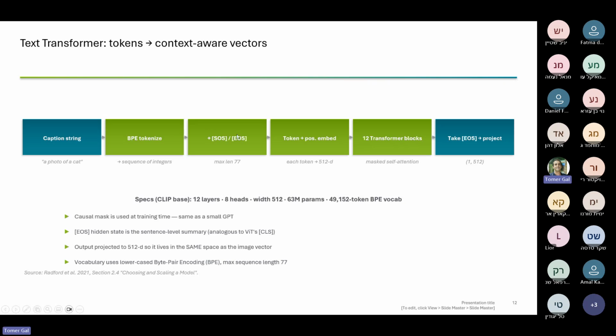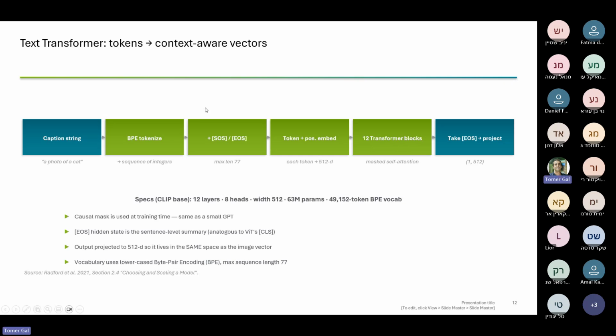So you end with your S, for example. Then each one of the tokens, because we have the indexes, it was a mapping to the embeddings. So the embedding size here is 512. It gets added with the positional embedding, and then same.